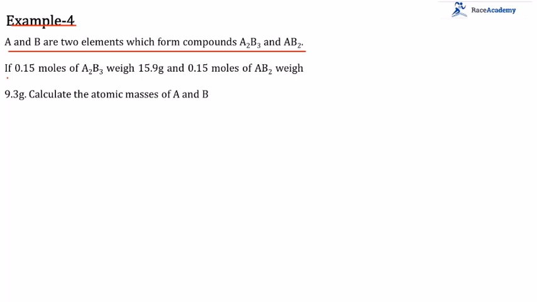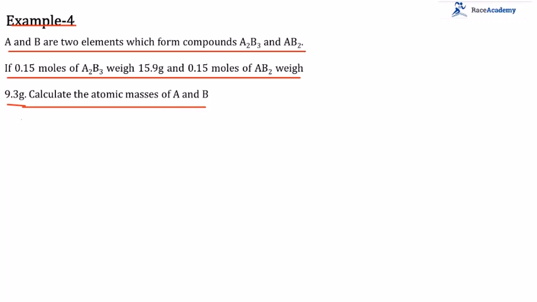If 0.15 moles of A2B3 weighs 15.9 grams and 0.15 moles of AB2 weighs 9.3 grams, then calculate the atomic masses of A and B. Let us see this.